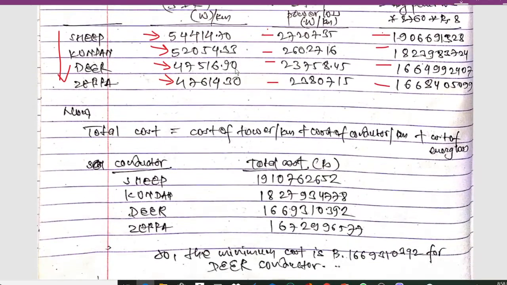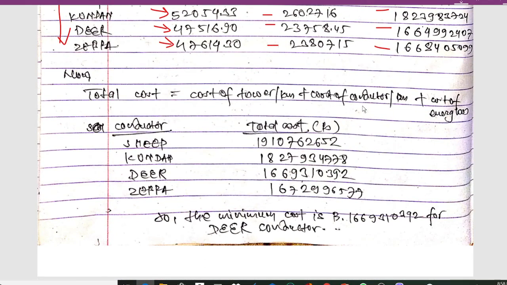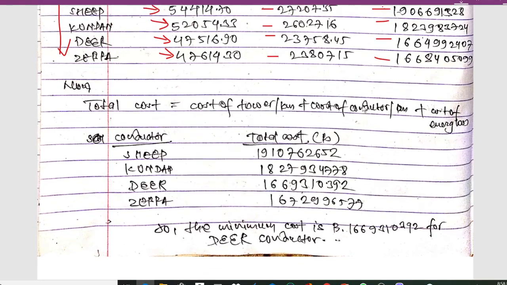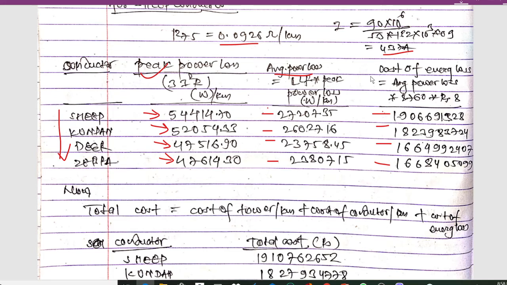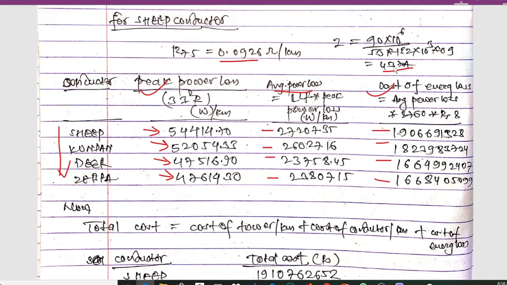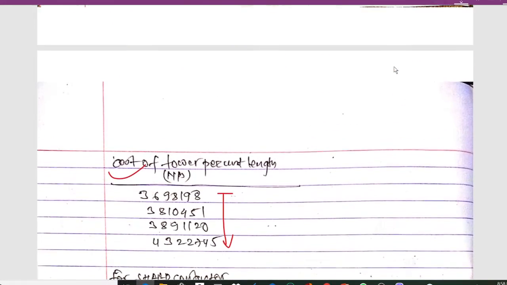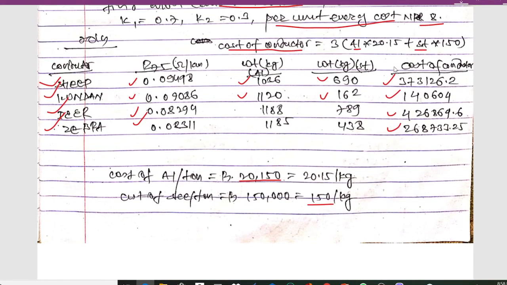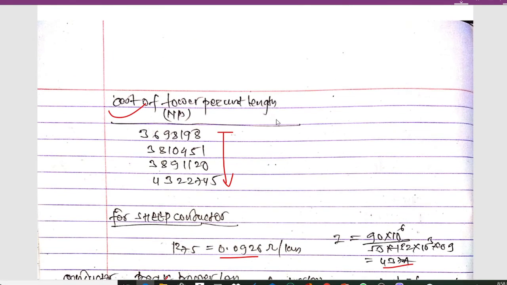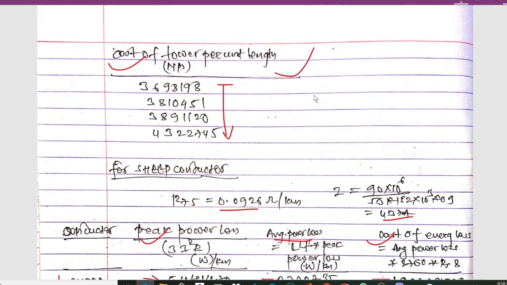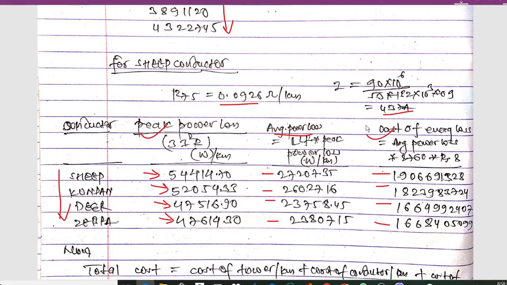Similarly cost of conductor per kilometer, and here this is the cost for energy loss, and we have obtained all the values. So for total cost we can sum up this value, meaning cost of conductor, this value, and this value meaning cost of energy loss.